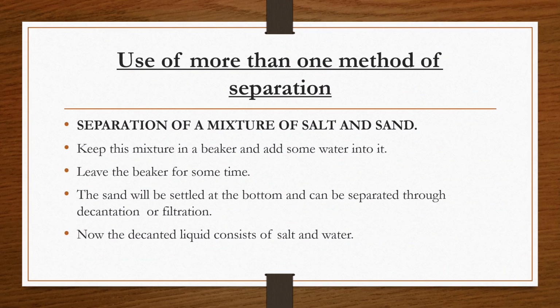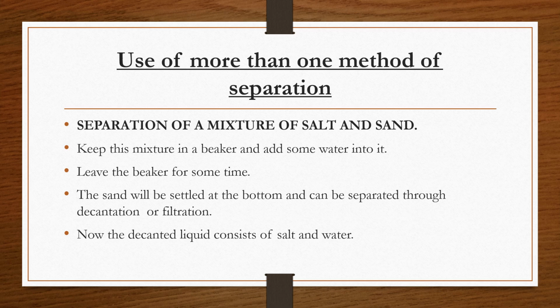Now, till now we have discussed that we use only one type of method for the separation technique, like hand picking, filtration, sieving. Now, in some cases, we require more than one method of separation. Let's take the example of separation of a mixture of salt and sand.